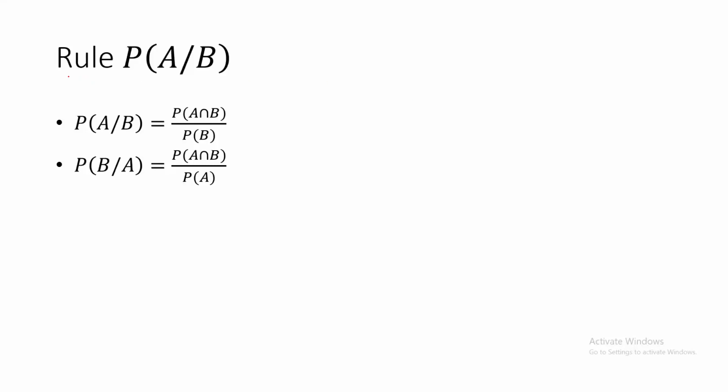Okay. Last time we took an example about conditional probability. Probability of A given B can be calculated in two ways: either by definition or by rule.